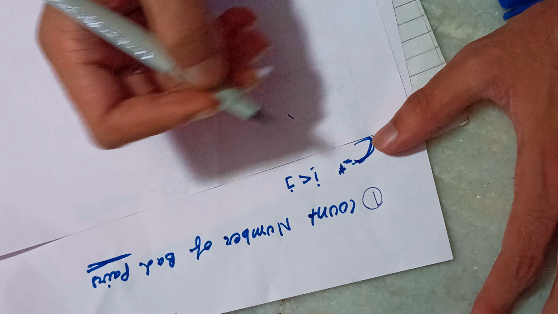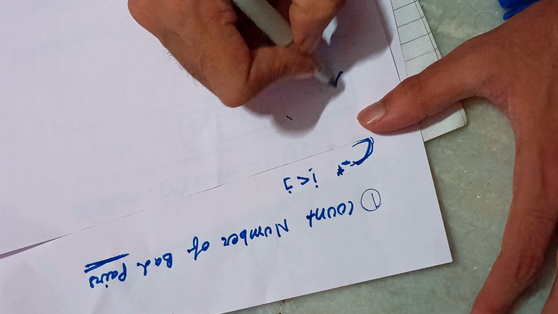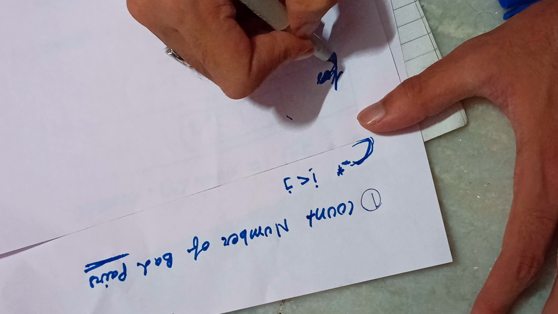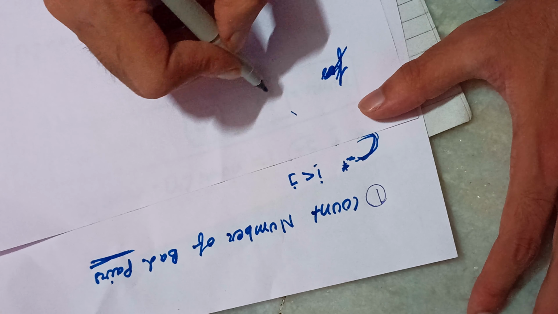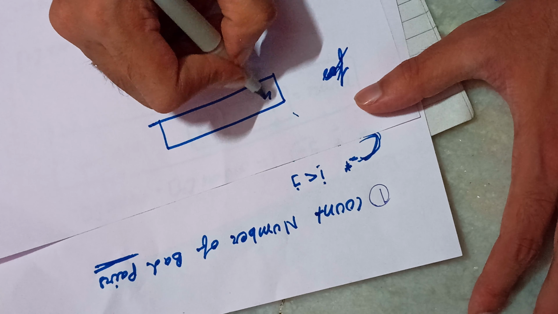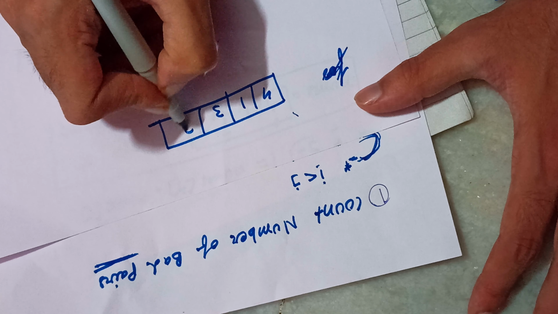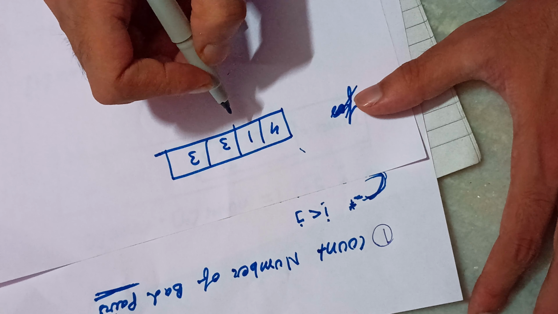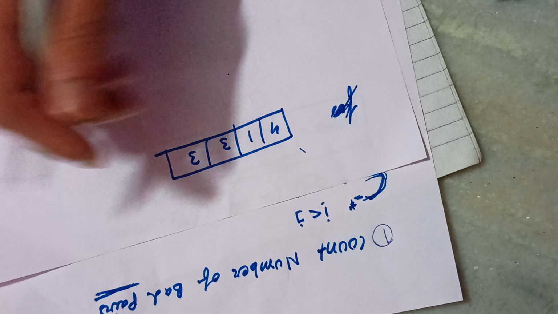So now we have to find the good pairs. Suppose this is our array, 4 1 3 3.